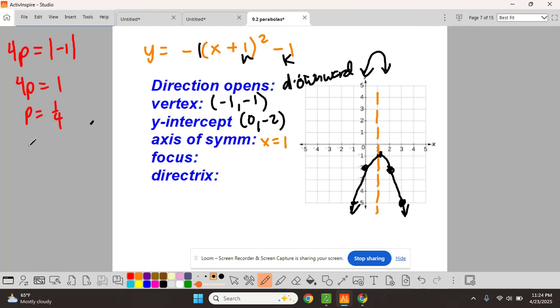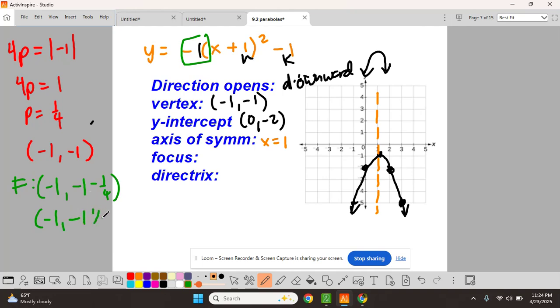If my vertex is (negative 1, negative 1), I will go down by 1/4 because it opens downward, since a is negative. So the focus will become (negative 1, negative 1 minus 1/4), or (negative 1, negative 5/4). That is my focus.